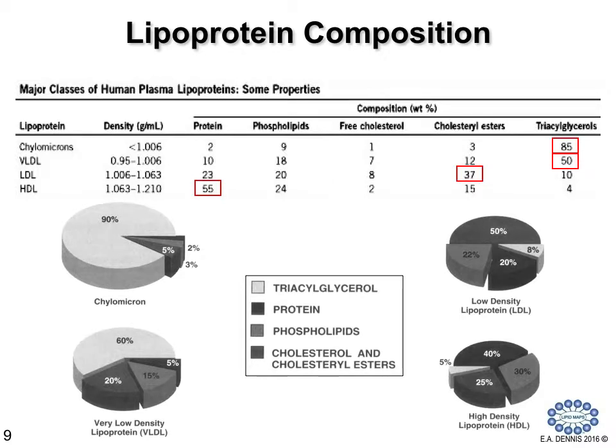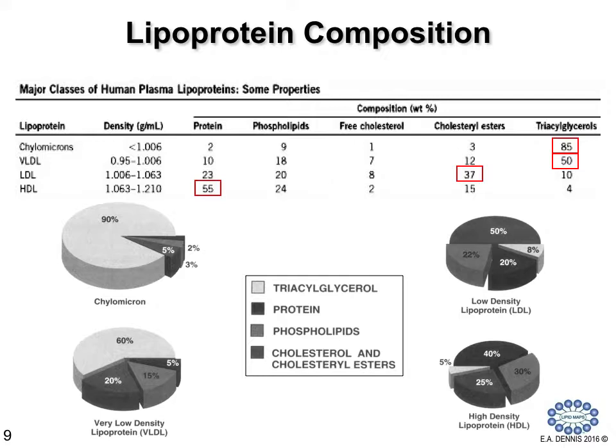Having introduced the various lipoproteins, we can look at their related characteristics. If one starts with chylomicrons and works down to HDL, the density of the lipoprotein is increasing as one goes to the smaller size. This is concomitant with an increase in the protein content. Protein has a density of 1.3, whereas lipids have a density of about 1. So as the protein content increases, the density increases proportionately.